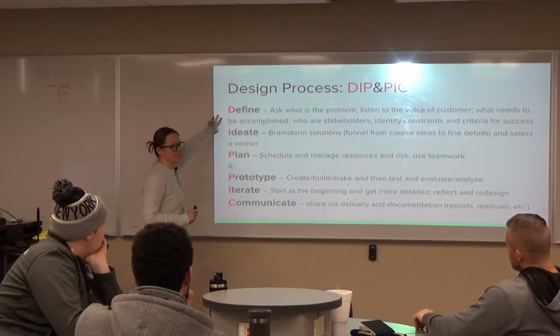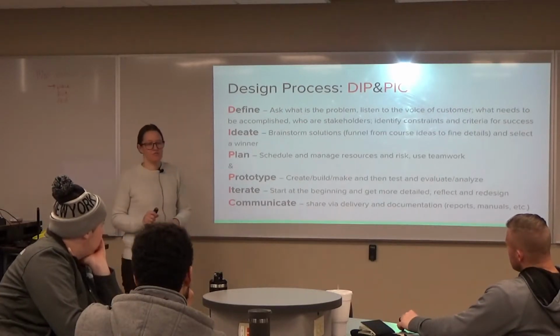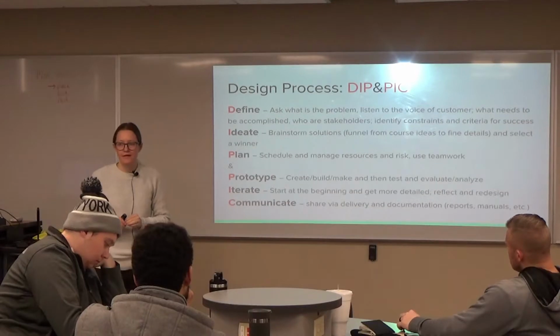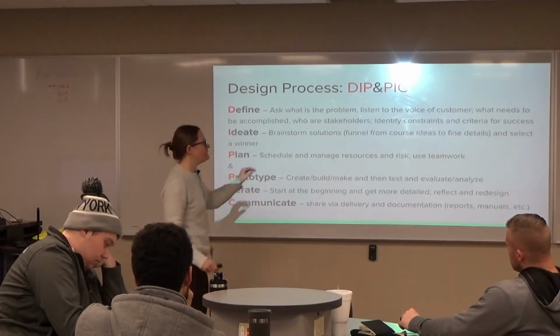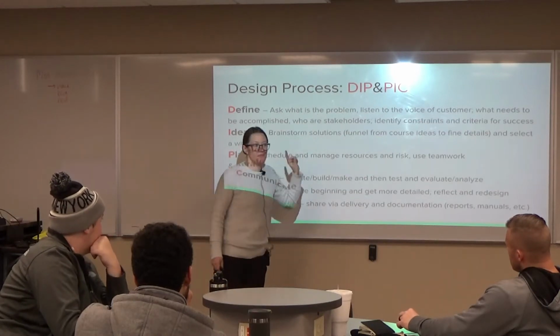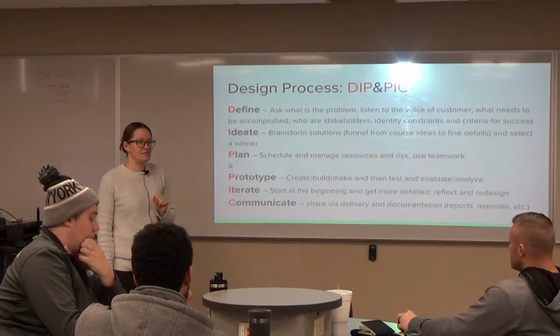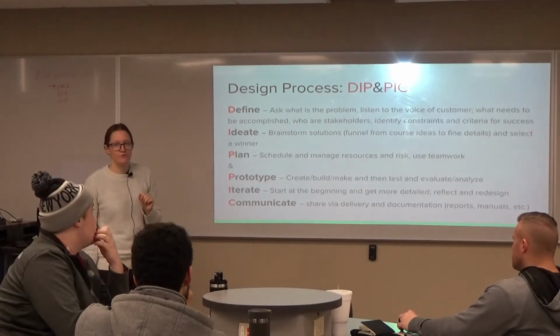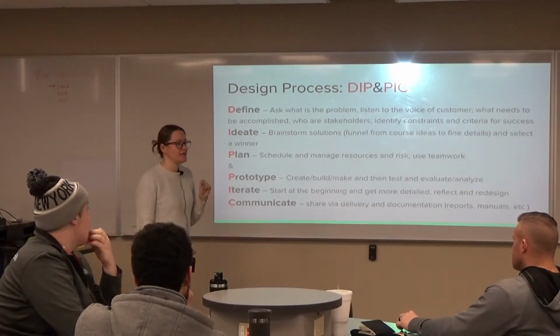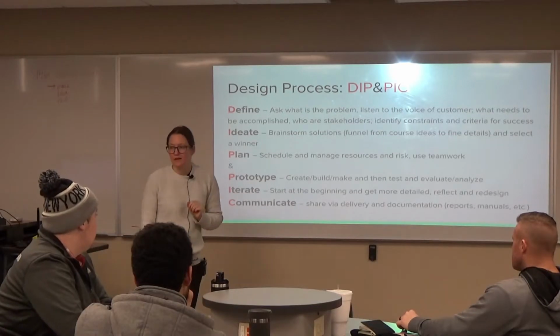So we're going to spend a bunch of time defining, and then we'll start thinking of solutions. So we're going to brainstorm, and then you're going to select winners, okay? Select things that meet all of these criteria that you define the best, all right? And it's a process. You don't just say, oh, that one seems like it will work, okay? We're going to walk through and figure out how you can best select the best idea.